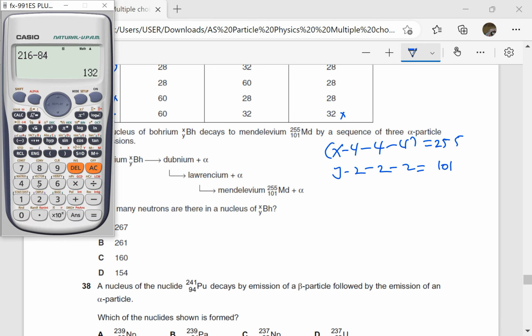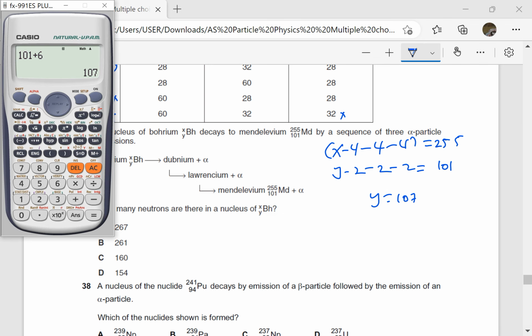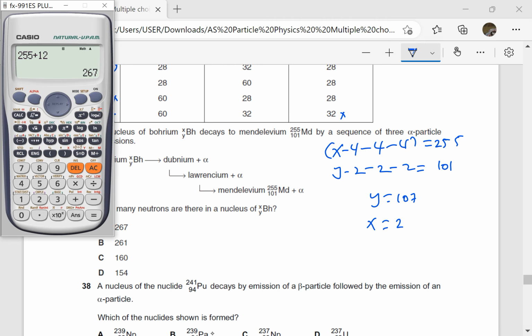So the proton number is going to be 101 plus 6, that is Y is 107. Then the nucleon number is going to be 255 plus 4 times 3, that is 12. So X is going to be 267.